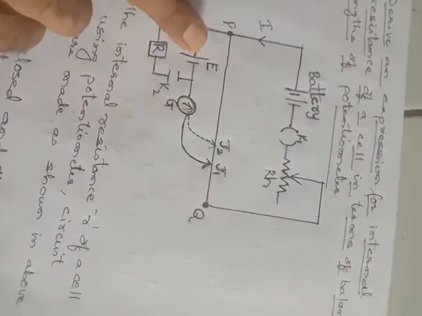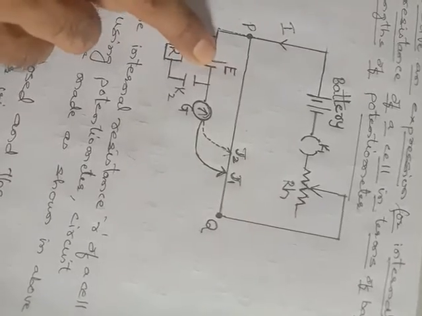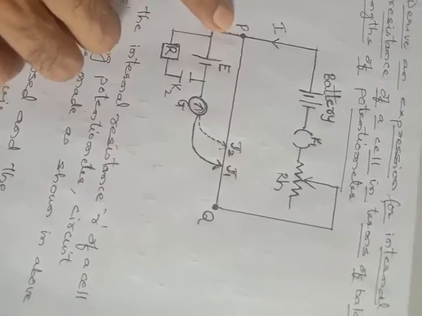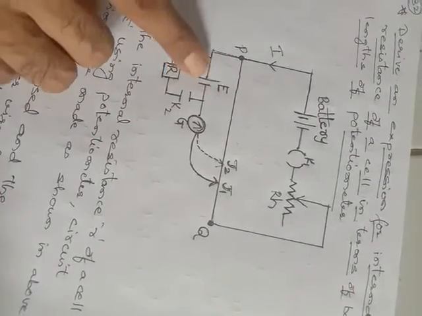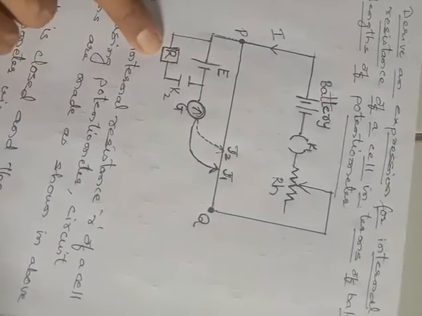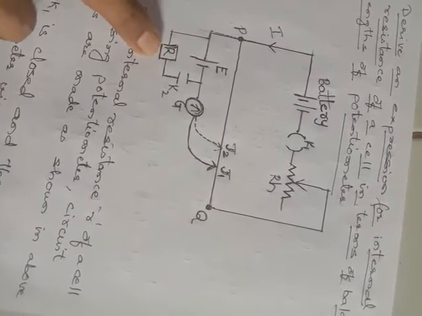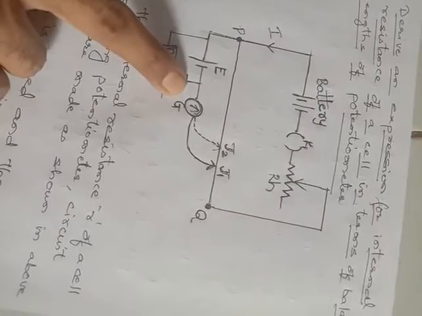Cell whose internal resistance is to be found out, the positive end of P is connected to the positive end of the cell, and to this particular cell resistance box R is connected. Resistance box is connected to this, and here plug key is there.